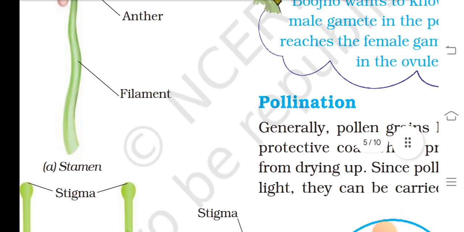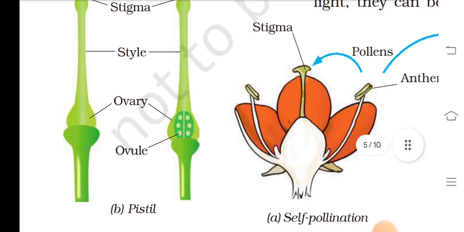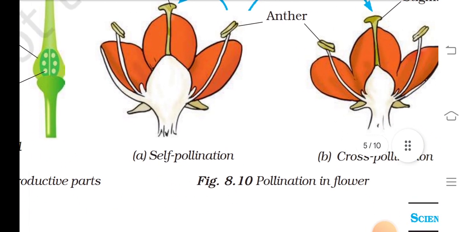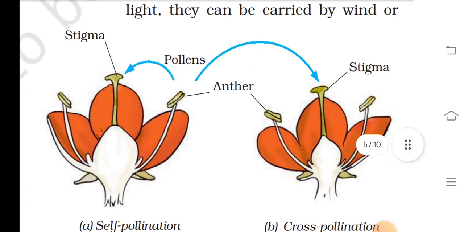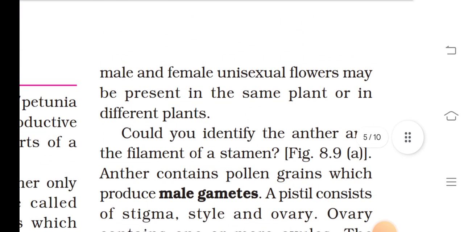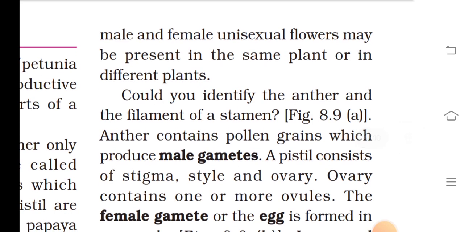Anther, filament, stamen, stigma, style, ovary, ovule, pistil, pollen, self-pollination, cross-pollination. Male and female unisexual flowers may be present in the same plant or in different plants.